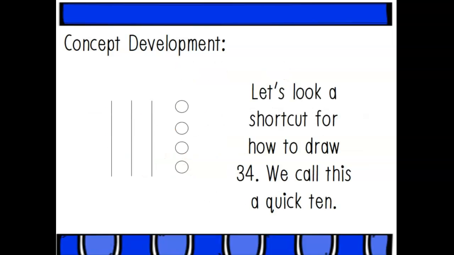Great job. All right, let's look at a shortcut for how to draw 34. We'll call this a quick 10. So remember I told you for the 10s, we're just going to draw a line. 10, 20, 30, 31, 32, 33, 34.